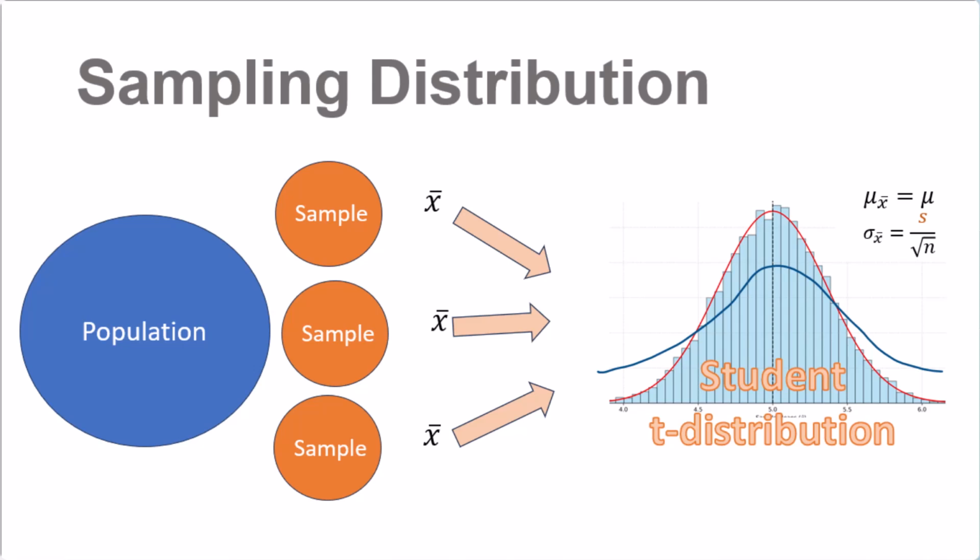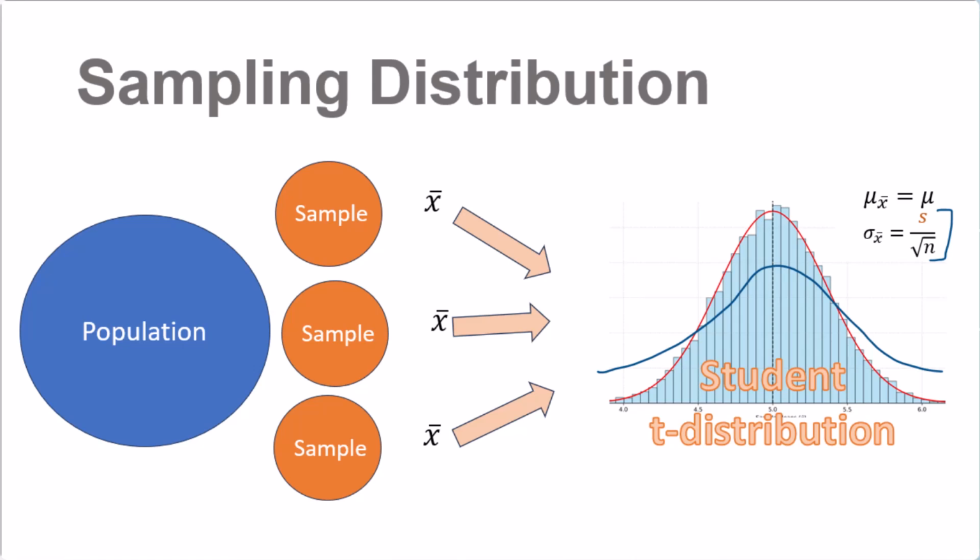So we're using this alternate distribution, and this alternate distribution allows us to use this standard error calculation where we're doing s divided by root n instead of sigma divided by root n. So because we typically don't know sigma, we don't know the population standard deviation, we use this alternate calculation, which is essentially estimating our standard error.